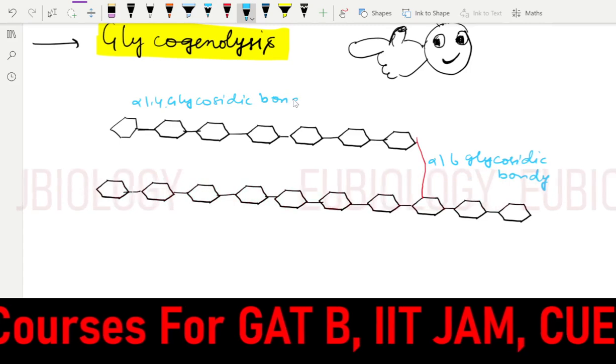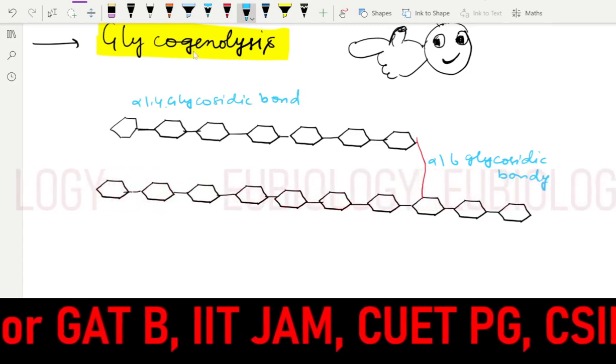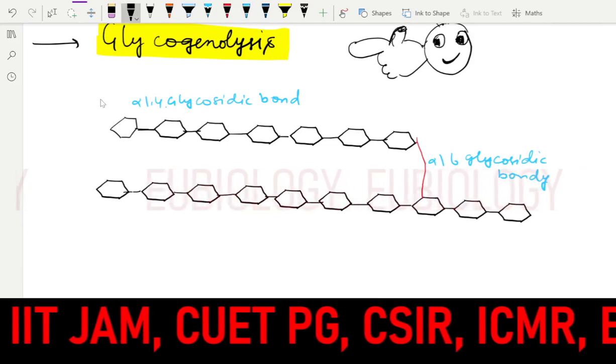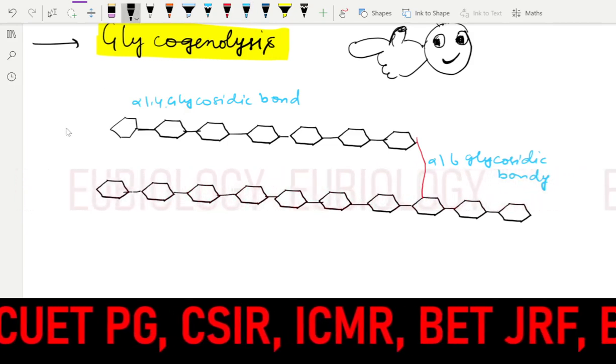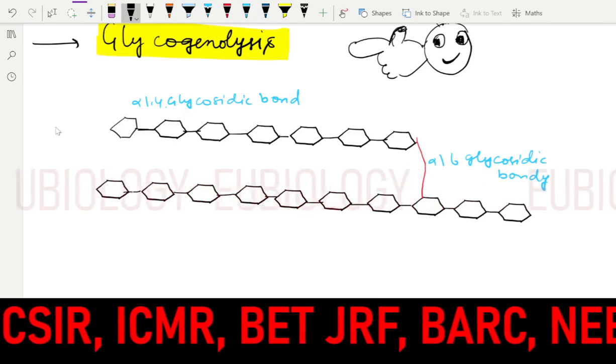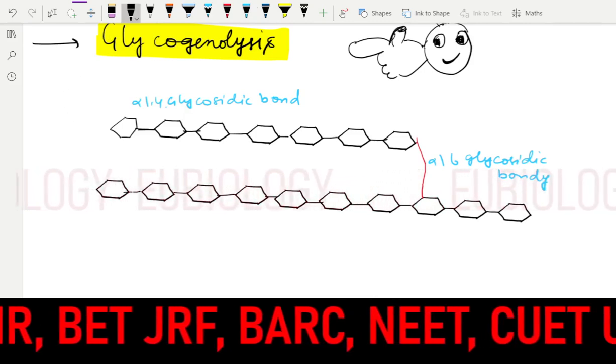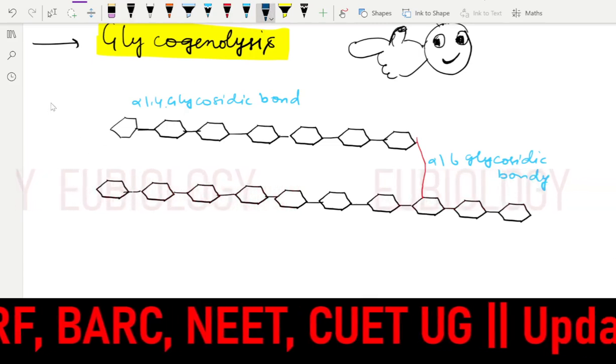It depends on the enzyme which is going to break it. We have the major enzyme, glycogen phosphorylase.